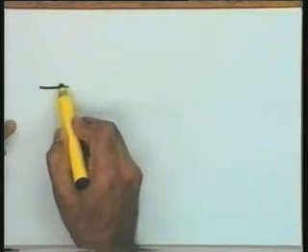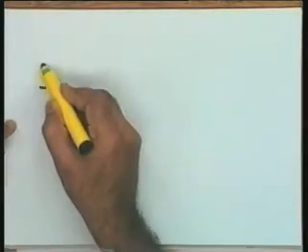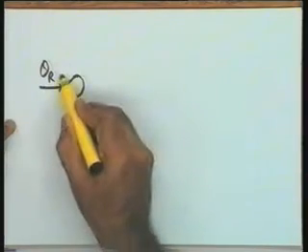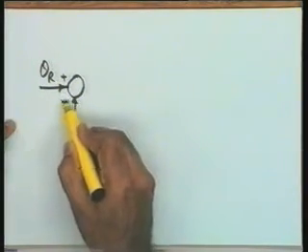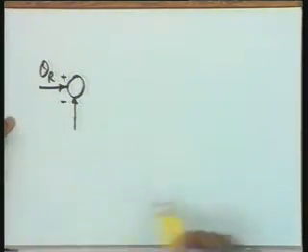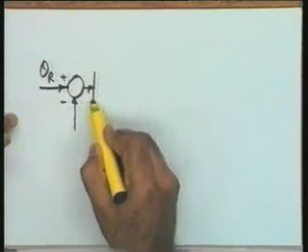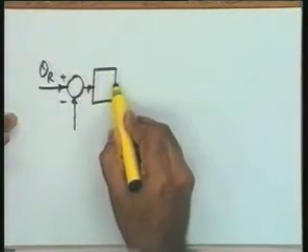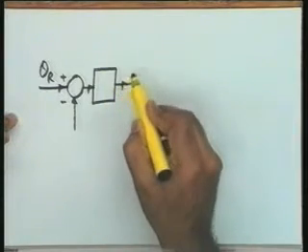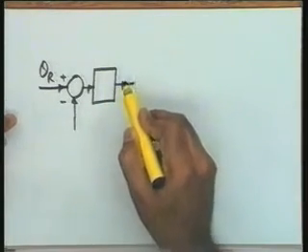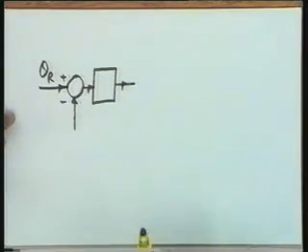So I get started with the command signal. Yes, this is theta_r. It is being compared with the actual control signal, which you know is theta_L. So you please speak out. What should I put over here? So that here is the error signal produced by the synchro error detector.